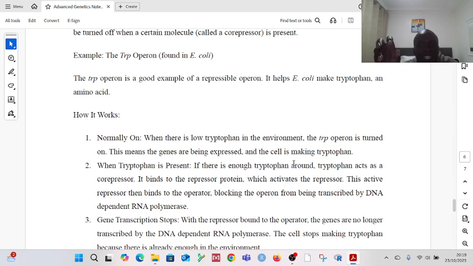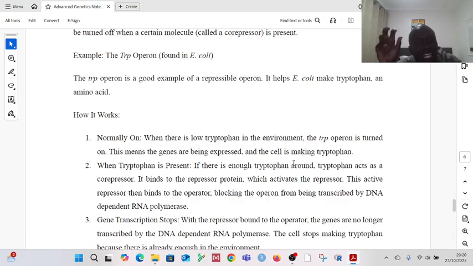So the tryptophan in this case will act as a co-repressor. It binds to the repressor protein. By binding to the repressor protein, it will activate that repressor. Once the repressor is activated, that activated repressor will now bind to the operator.